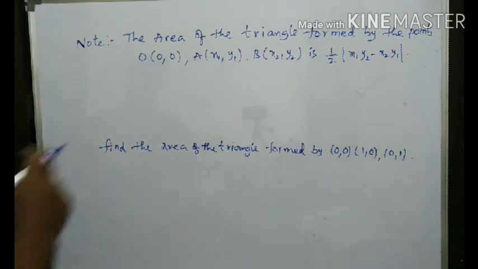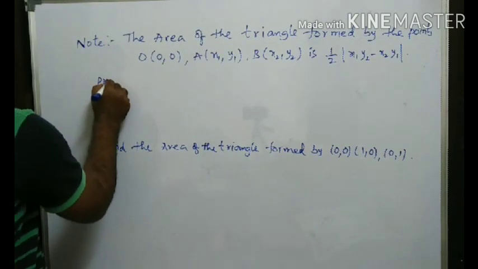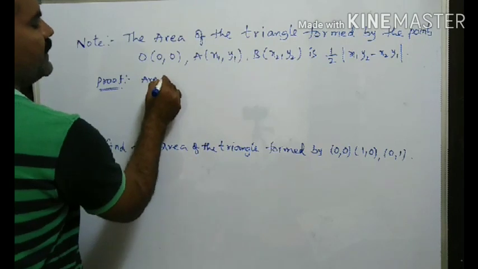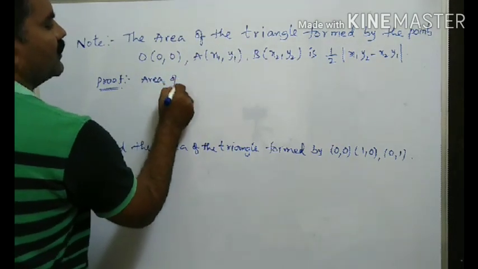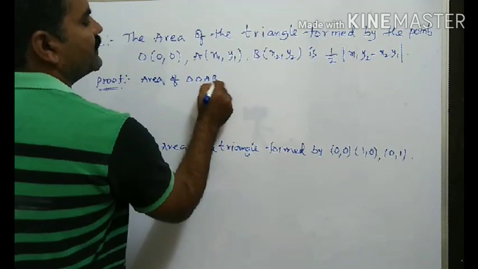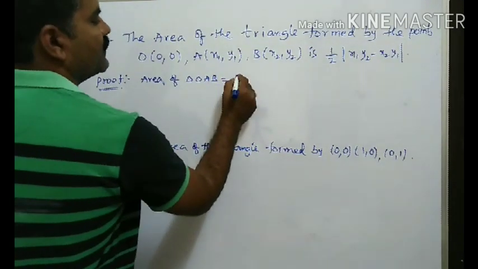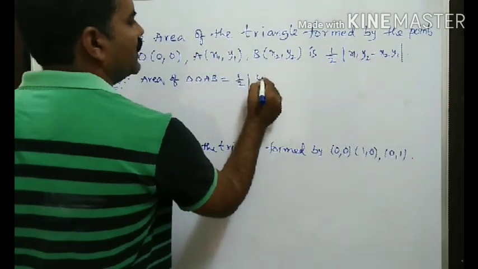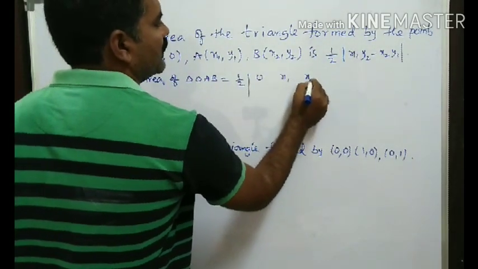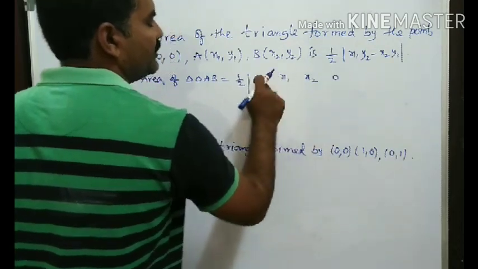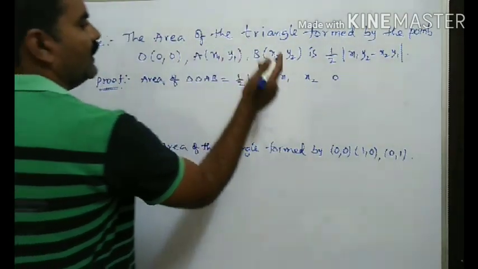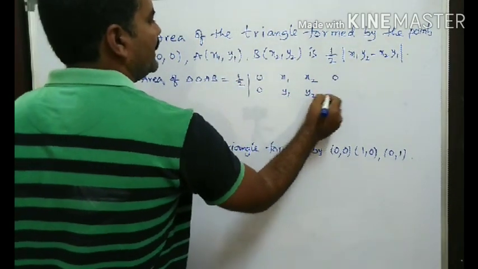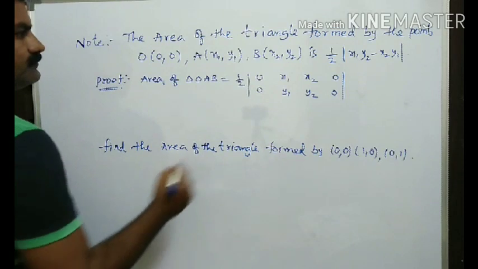So look at the proof for this statement. The area of triangle OAB equals half modulus of, writing down the x coordinates, 0, x1, x2, and the last one repeated, the first one once again, 0. Similarly the y coordinates are 0, y1, y2 and 0.